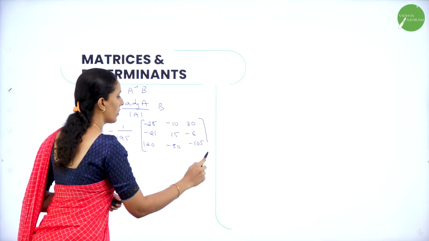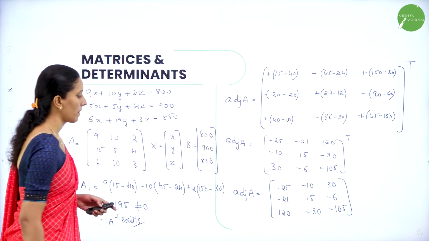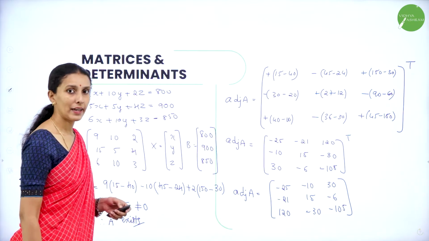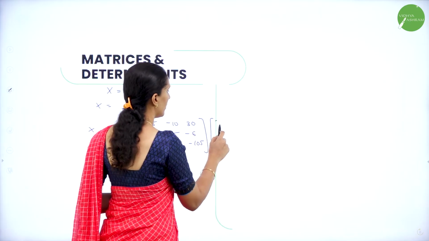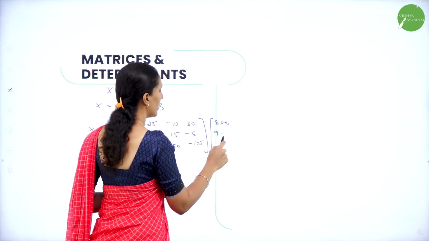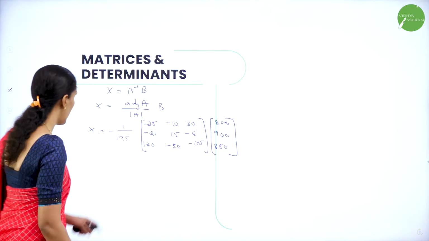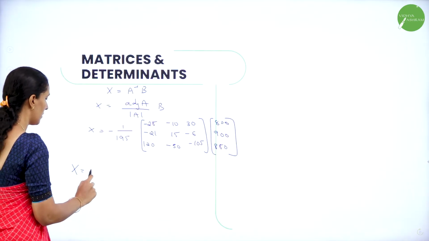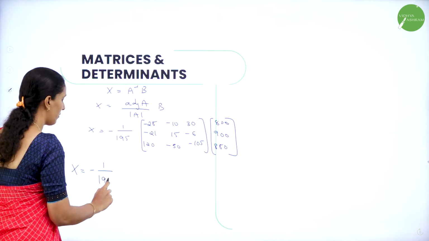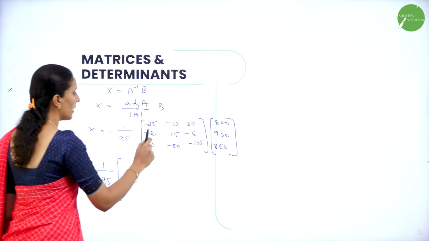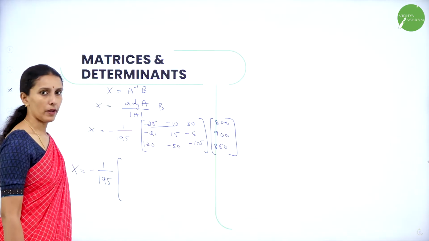So this is adjoint A, and matrix B is 800, 900, 850. So now let us keep minus 1 by 195 outside. Let's multiply row into column now.